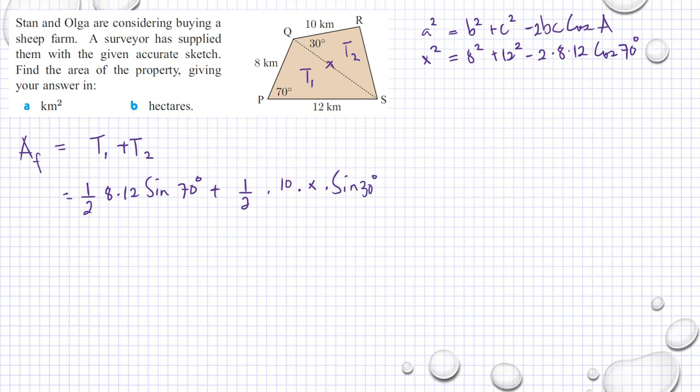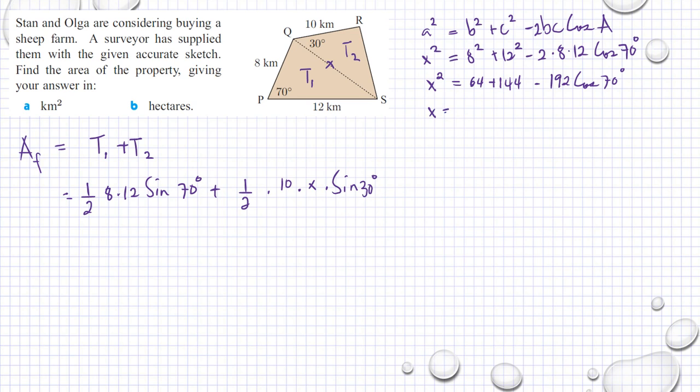And then we have now x squared is equal to 64 plus 144 minus 2 times 8 times 12, 16 times 12, that is 192 cosine 70 degrees.